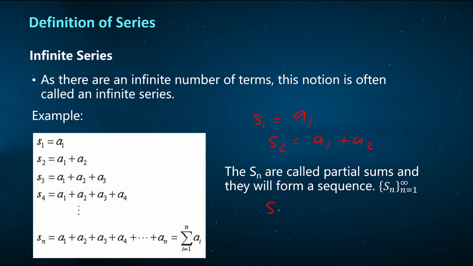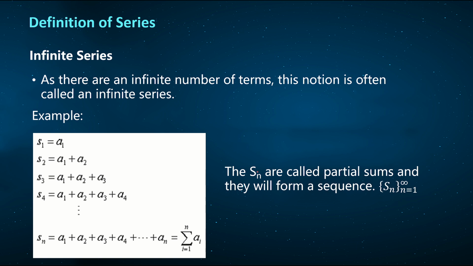For s sub 3, that is the summation of our first three terms, so we have a sub 1 plus a sub 2 plus a sub 3, and so on and so forth. If we're dealing with s sub n, whatever the n is, if the n is 4, you just need to get the first 4 terms and then get the sum.